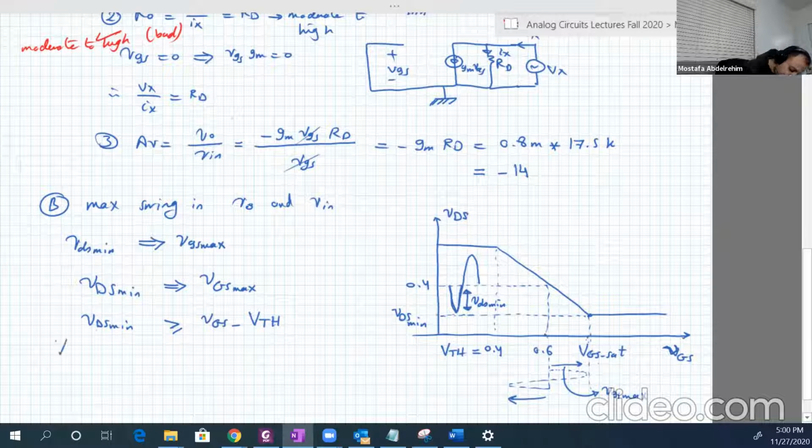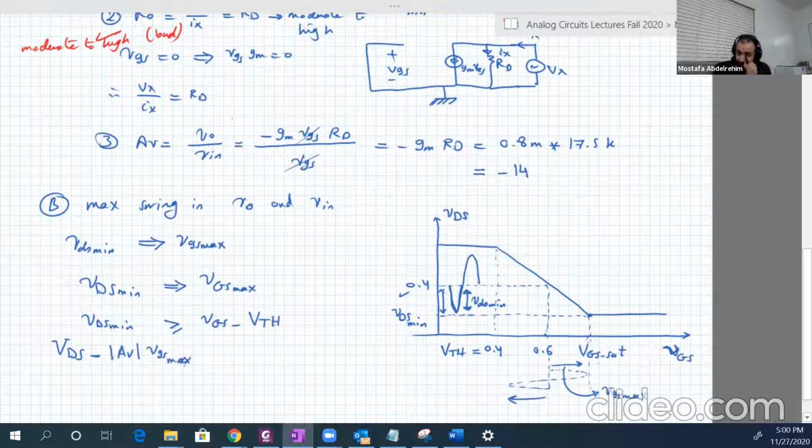So the DC is capital VDSQ, which is 0.4, this point, minus this portion, minus AV as a magnitude multiplied by small VGS maximum. Remember, VDS decreases when VGS increases because they are out of phase. When this is increasing, this is decreasing. You can say it's VDS plus AV times VGS maximum, and you know AV is negative, so it will be minus at the end, right?